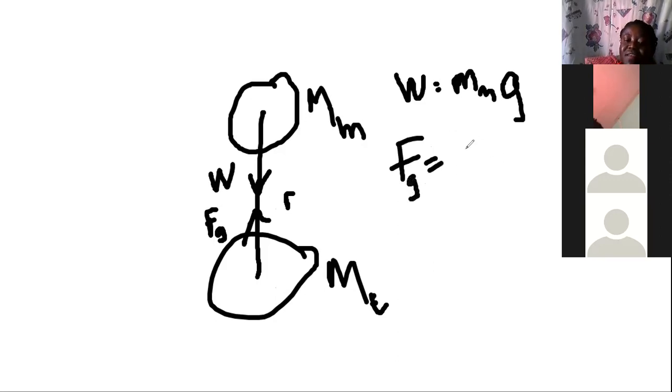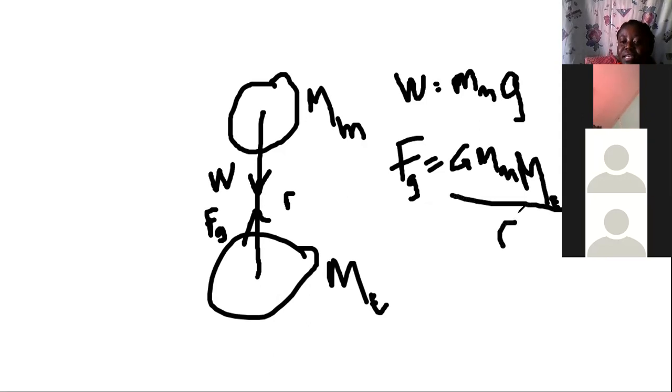by what? It is given by G, capital G, times the mass of the moon times the mass of the earth, the masses of the two objects, divided by what? The distance squared between the two objects.